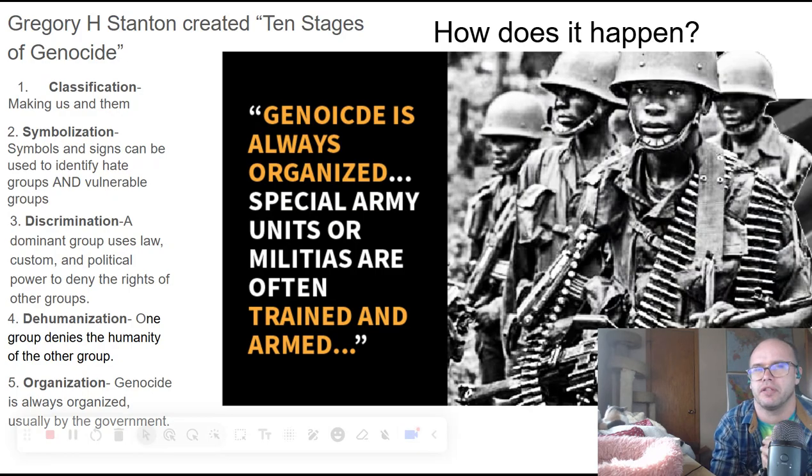Once you get to the point of dehumanizing another group, the people in power start organizing. They start creating militias or self-defense groups or local police auxiliaries or special army units to protect the people.